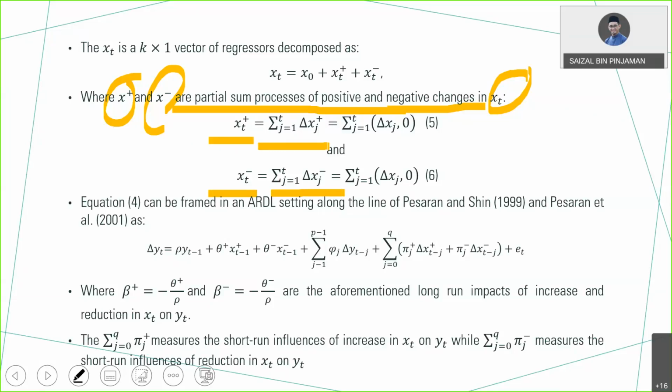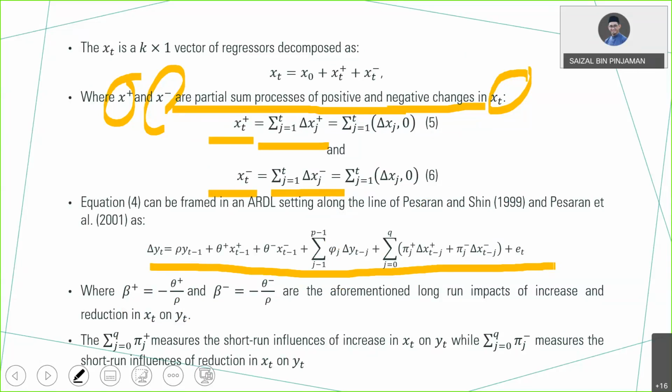And when we use the equation that we have here in the ARDL model, or when we frame the equation in ARDL setting, we will be able to form this equation as you can see on the slide.